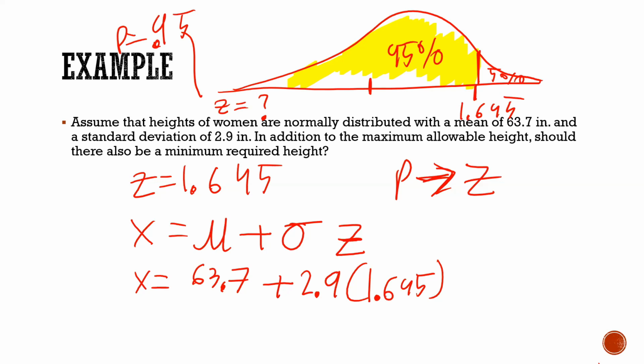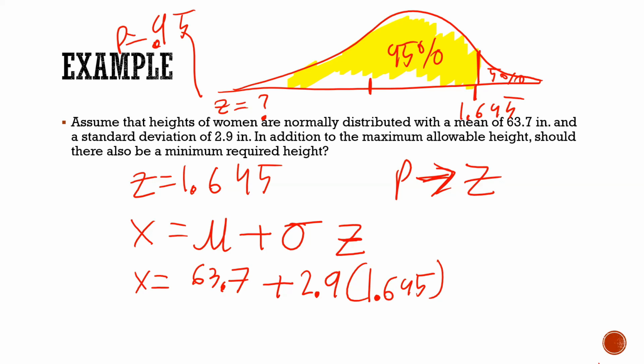So 2.9, that's the size of the standard deviations, right? Just keep remembering, number of standard deviations. So each standard deviation is 2.9 inches, and we got 1.645 of them, right? So to figure that out, multiply that together. We're adding that because we know that the z-score is positive, so that's how much taller than the average woman it would be. So then you add that to the height of the mean, the average woman, and that would end up giving you the height of the person that is that many standard deviations above the mean.